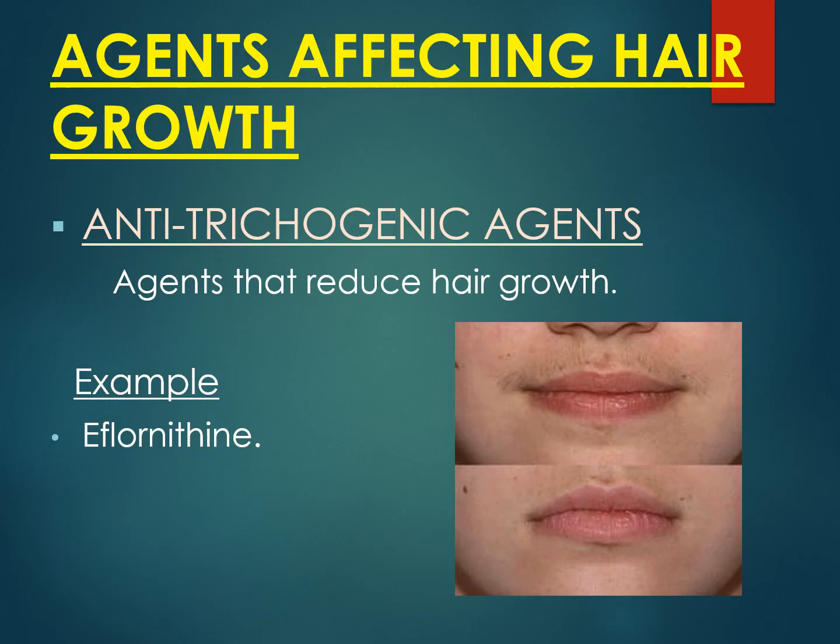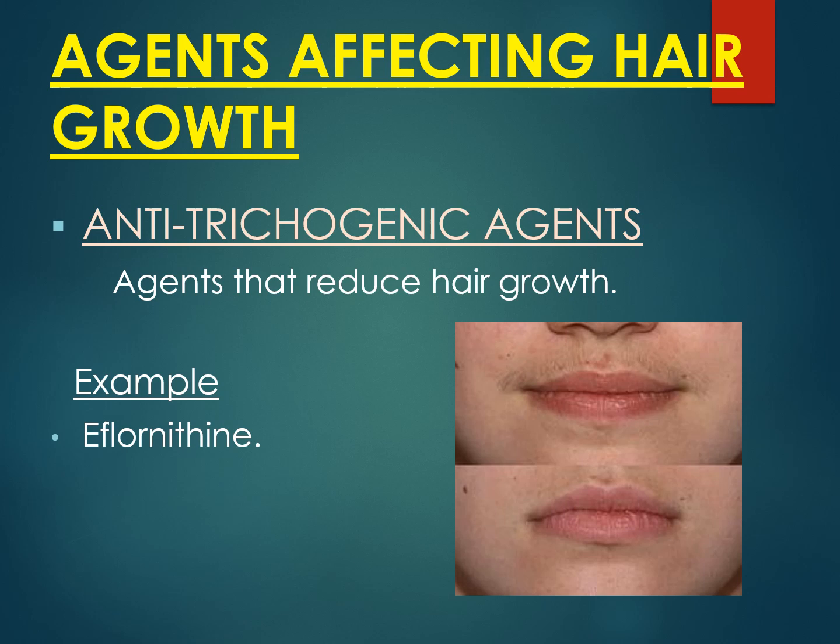Then we have agents affecting the hair growth, which are also called anti-trichogenic agents, which are those which reduce hair growth. And one of the examples is eflornithine, right? So in this context, if I can recall, there are drugs which cause hypertrichosis, increased hair growth on unwanted body parts.